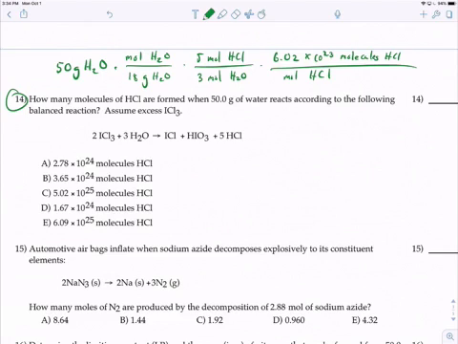This is 2.89. Oh, that's right there. Like so. Questions with this one?